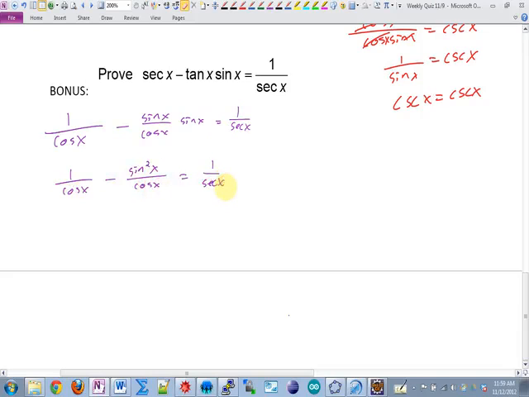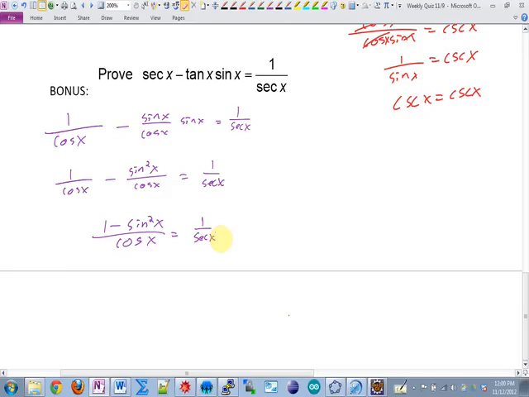In order to subtract fractions, you have to have what? A common denominator, which we have. But when you actually subtract fractions, you subtract the numerator, that's your new numerator, but the denominator stays the same. A lot of people just wrote 1 minus sine squared x and that's it. It's still over top of a cosine x.